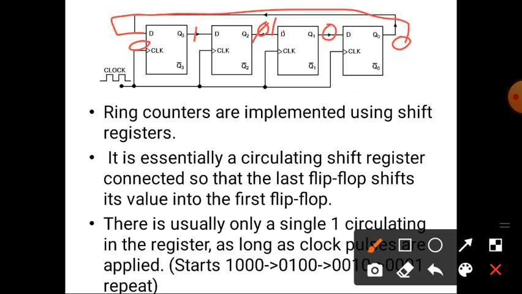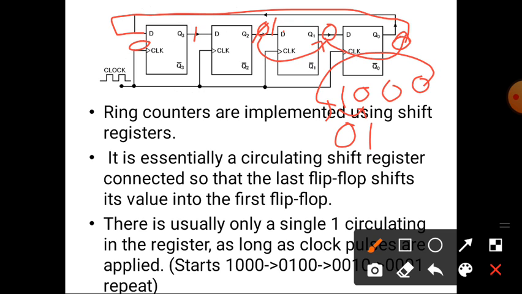And this previous 0 will be shifted to here, and this 0 will be shifted to here. So initially it is 1 0 0 0, then on the next clock cycle the 1 is shifted one position to the right, and then the 0s are shifted along.